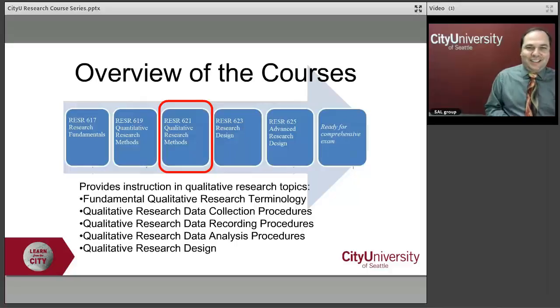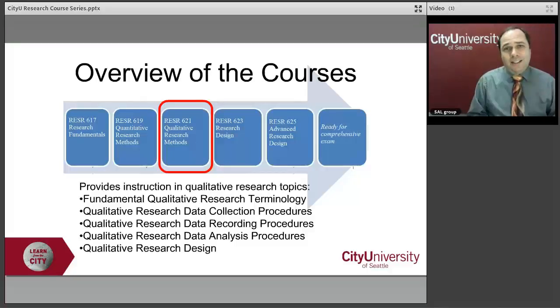As the slide says, we're going to talk about the collection of data through qualitative means and how that data is recorded to be looked at beyond that first instance. We're then going to look at how it's analyzed. And with that information, you will then have a foundation for providing a possible research design using qualitative methods.